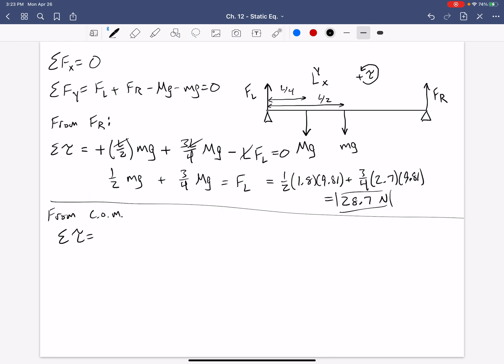Which forces will cause a counterclockwise rotation around that point? Well, the weight of the block, right? That would cause it to fall down. So that's positive. The magnitude of that R is that distance, right, which is L over 4.